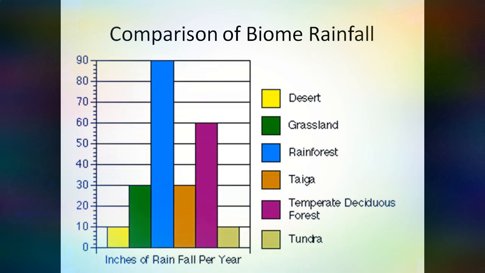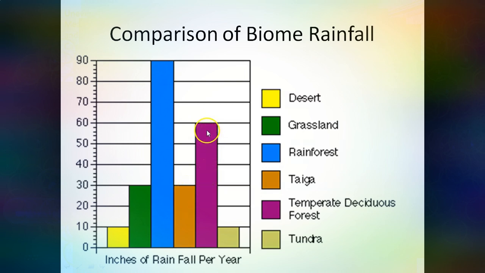So this figure also shows rainfall for a number of biomes. In desert, rainfall is about 10 inches per annum. For grassland, it is about 30 inches. For rainforest, it can be as much as about 90 inches per year. For the boreal forests, also known as taiga, the rainfall is about 30 inches.